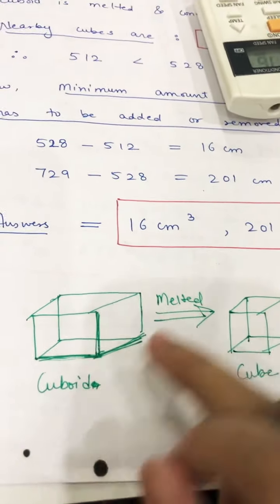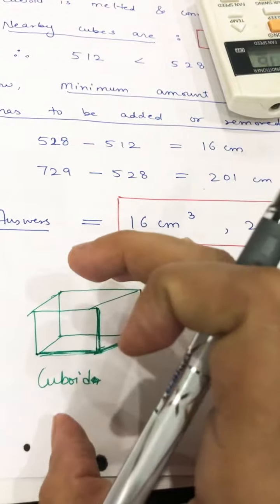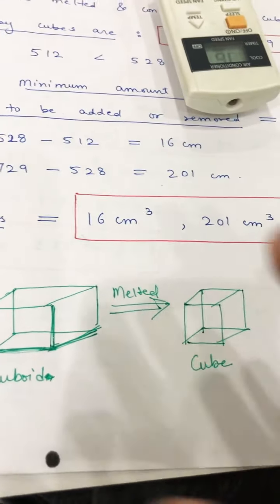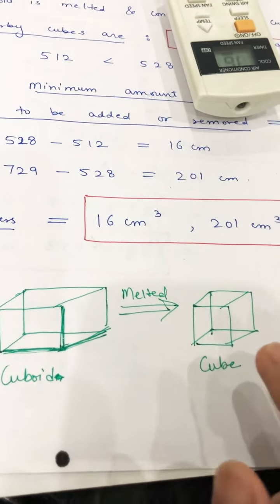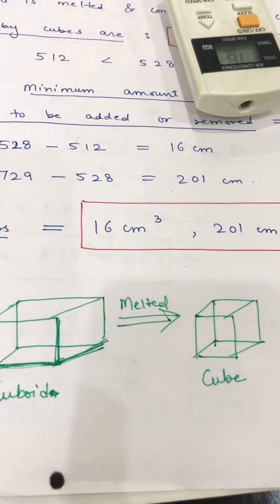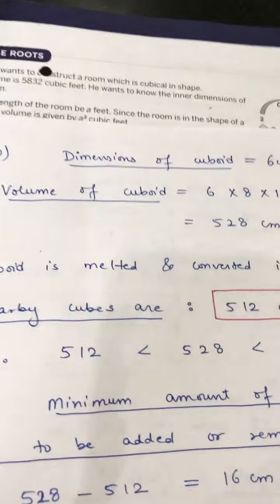This cuboid is made up of metal, this cube is made up of metal. Now when you convert this cuboid into a cube, how much metal do you have to remove, or have to add. Now this is the solution.